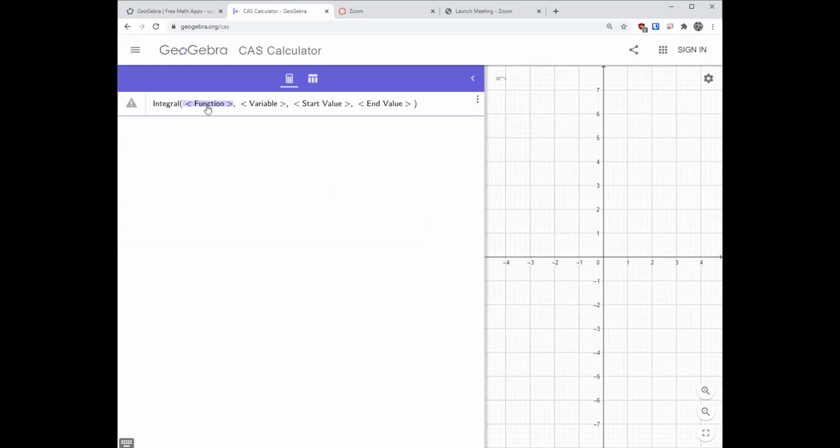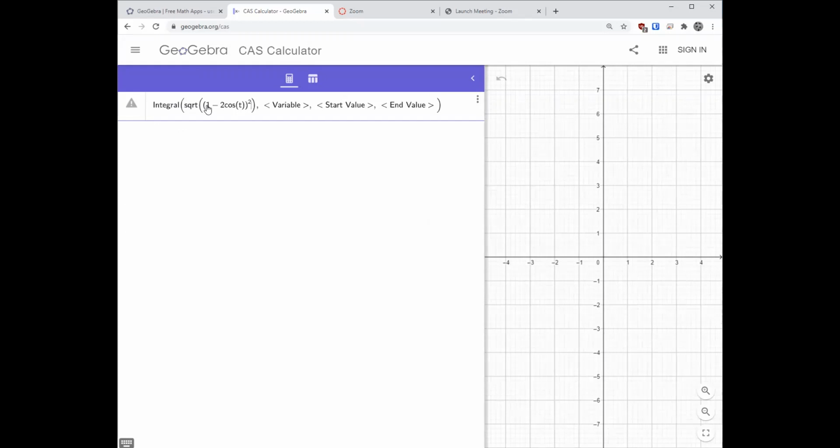Okay, so here I'm on the function part, and it is the square root of, and then in more parentheses, 1 minus 2 cosine of t, squared.